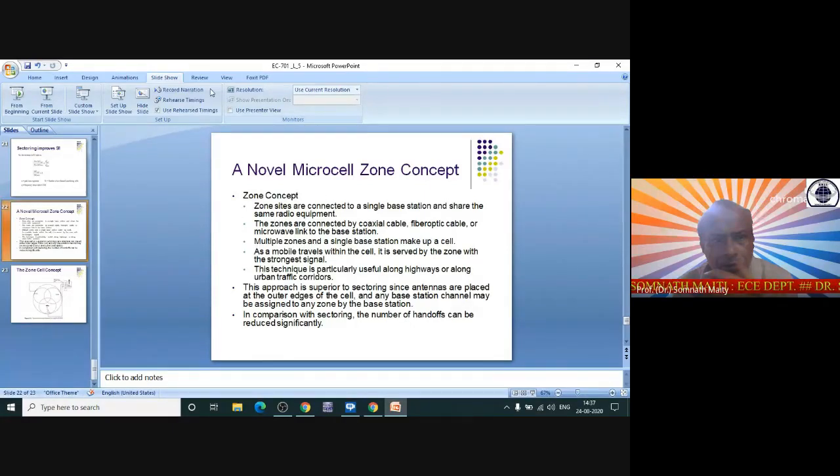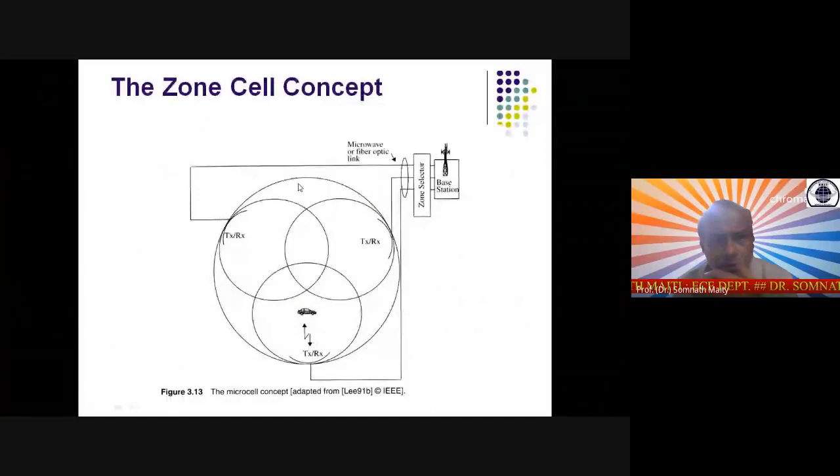So the last one will be this one. Microcell. Suppose this is your original cell. It is divided into microcell 1, 2, and 3. Each cell doesn't have a transmitting antenna. These cells are connected through fiber optic or microwave link to a single station.